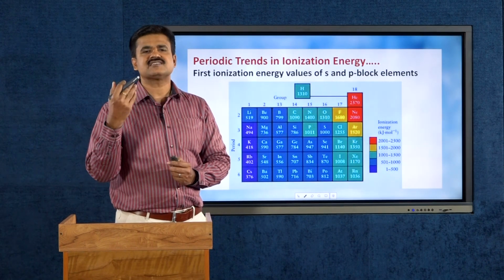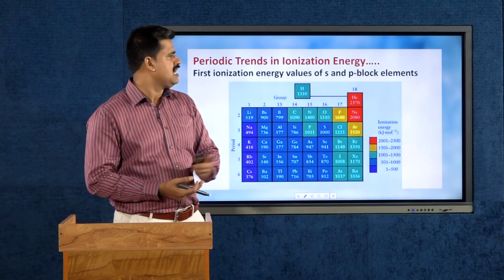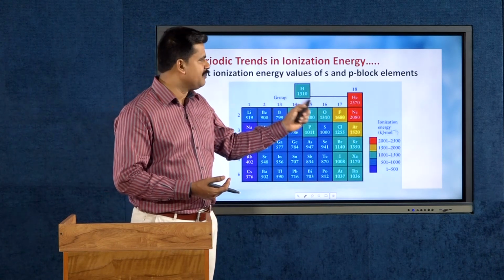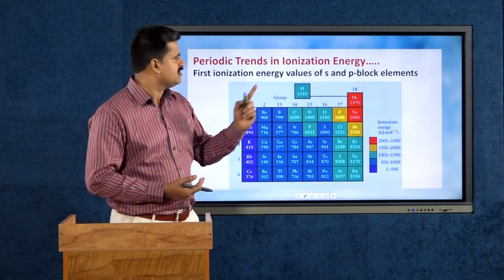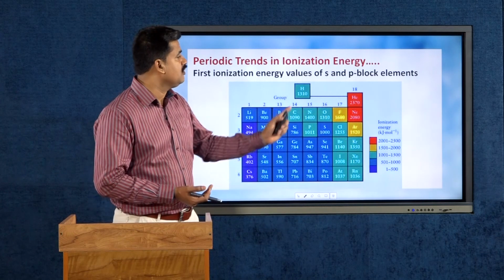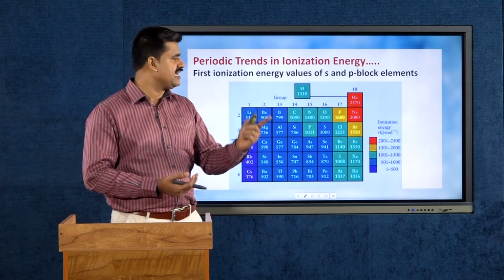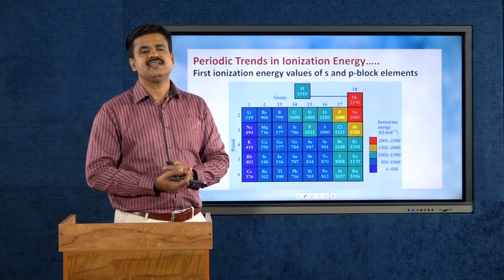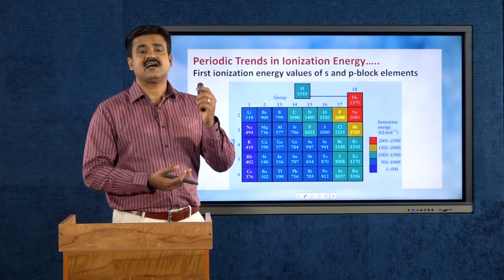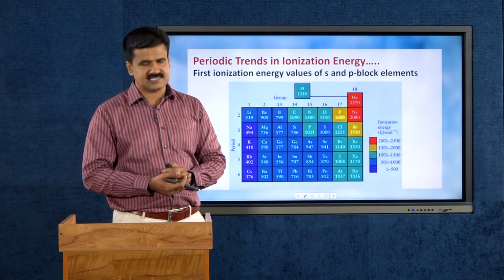The exceptions are due to the fact that there may be stable electronic arrangement, and the elements shown in red, that is helium as well as neon, they are associated with very high ionization energy values. Their very high ionization energy values is attributed to their highly stable electronic configuration and small size.